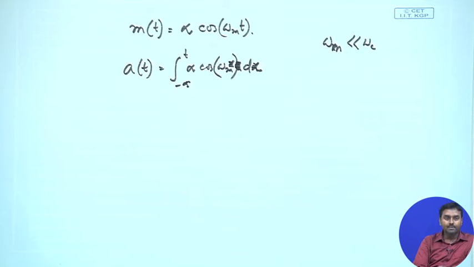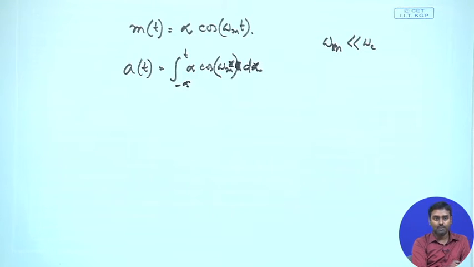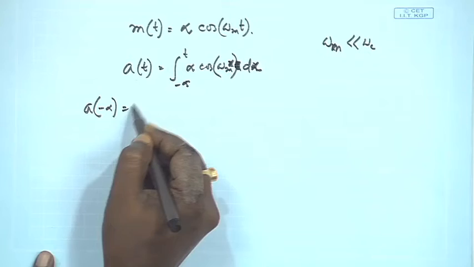Now, this integration, I already know how to evaluate, but at minus infinity it will create a problem for me. So, we are just assuming that at minus infinity this A(t) is already 0.